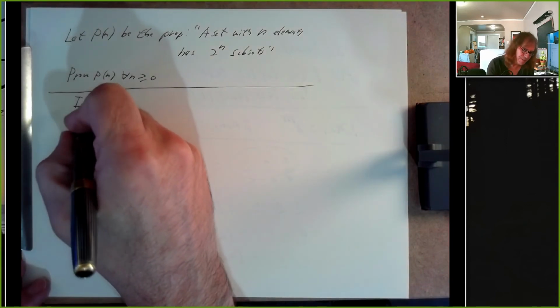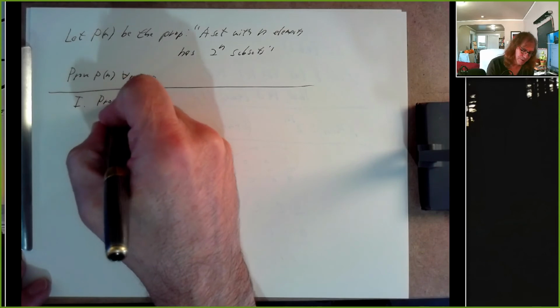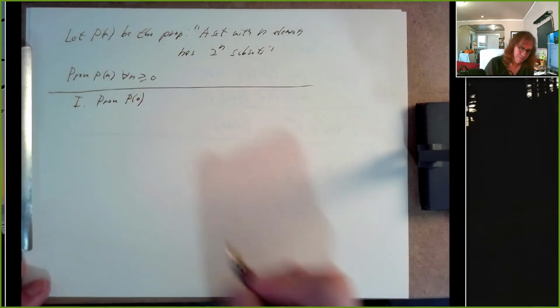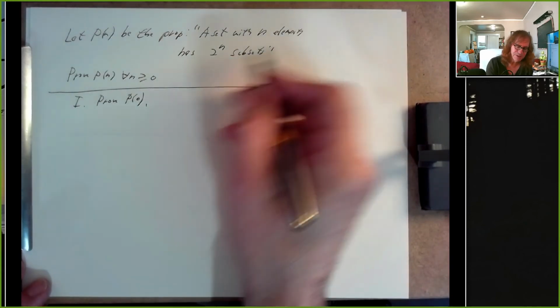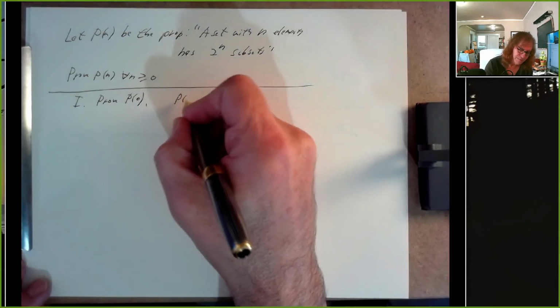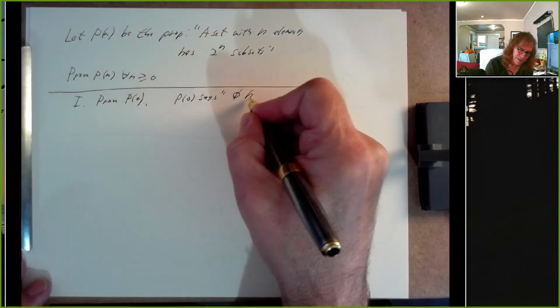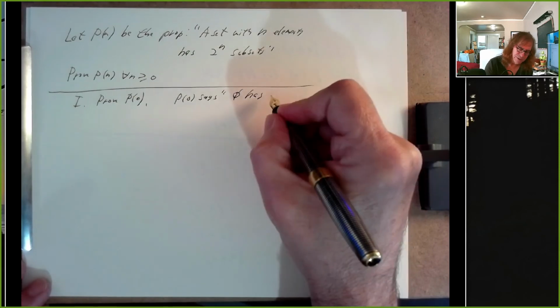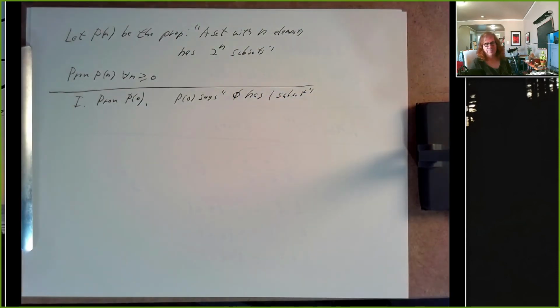We're going to use mathematical induction. So step 1 we're going to do with our base case. We're going to prove P of 0. Well, P of 0 says a set with 0 elements has 2 to the 0, or 1, subset. So P of 0 says the empty set has exactly 1 subset.